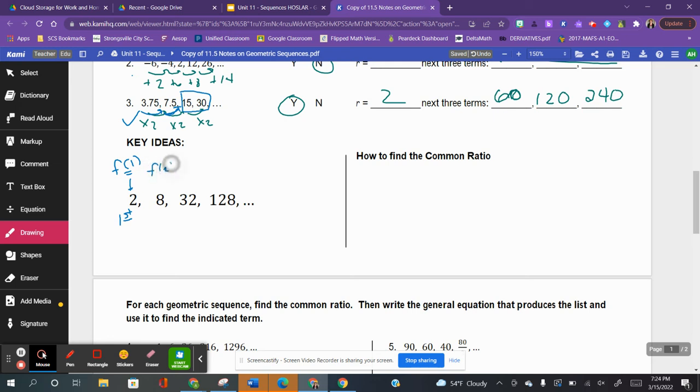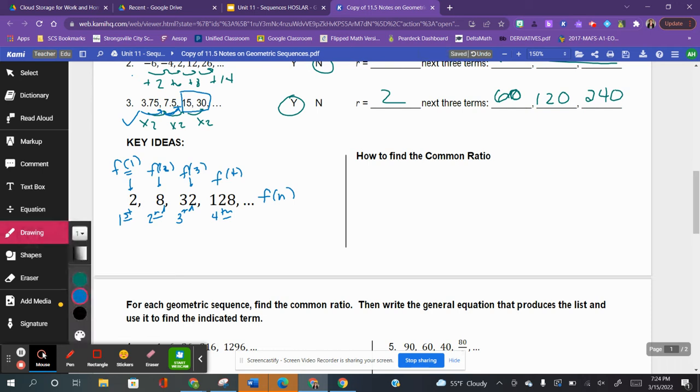And if f of 2 is 8, it's because 8 is the second number in the list. And if f of 3 is 32, it's because 32 is the third number in the list. And 128 would be f of 4. That's the fourth number in the list. Dot, dot, dot means it goes on infinitely. And so that would represent f of n, a number in the list in the nth position.